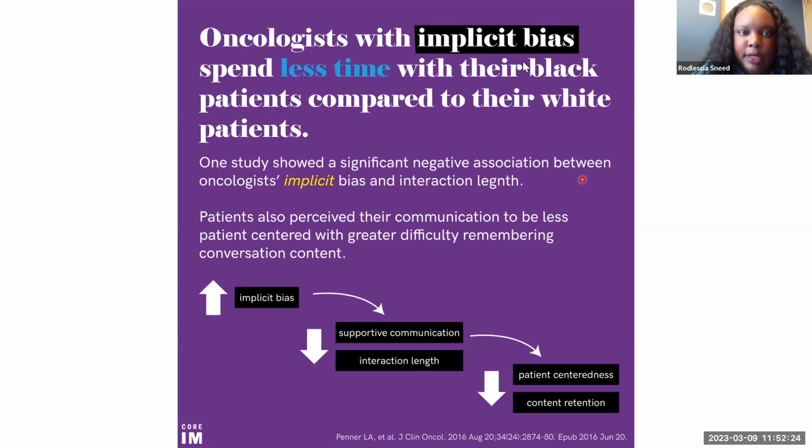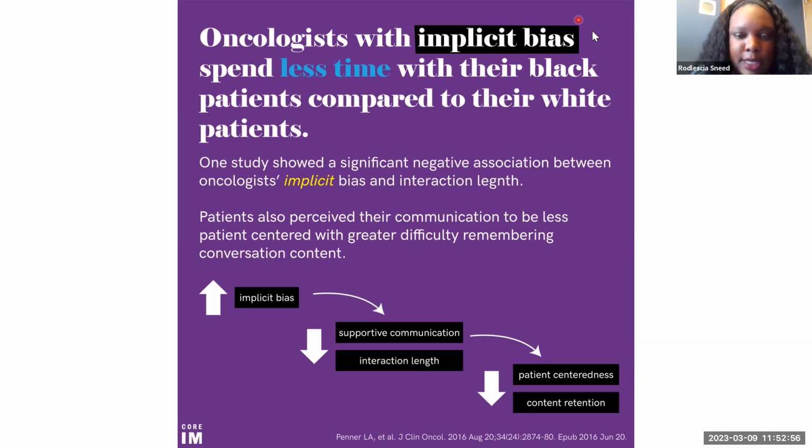This is another study that was conducted here at Wayne State in the oncology department, among oncologists. Again, these oncologists were administered the IAT. And they measured a number of things. They looked at pro-Black versus pro-white bias, and its impact on how providers communicated with patients, and even the length of interaction with patients.